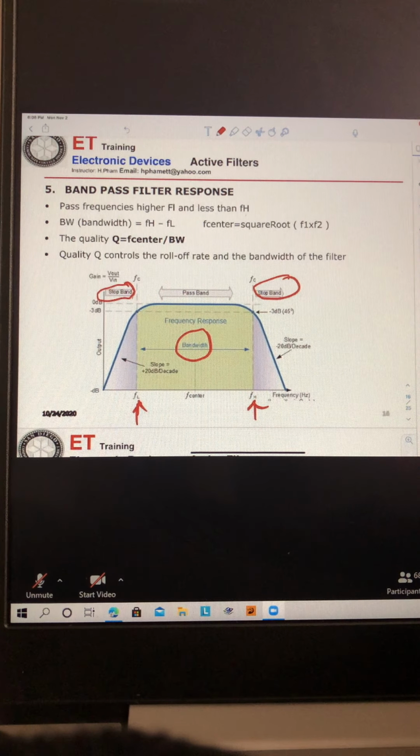Okay, you're going to make the band pass with a high pass and a low pass, right? Yes. So you take the high pass first. The output of the high pass will be connected to the input of the low pass. The input of the high pass is the input of the band pass. Okay, thank you.